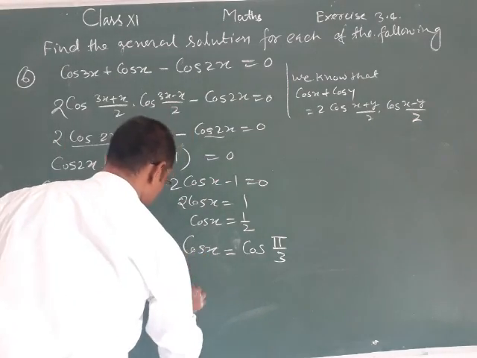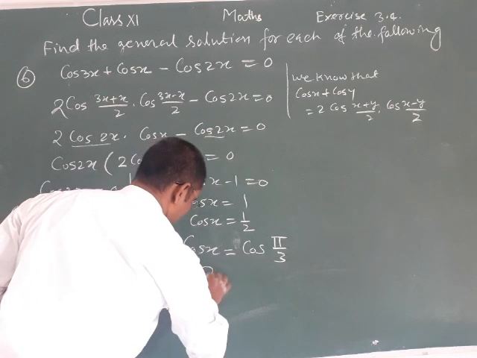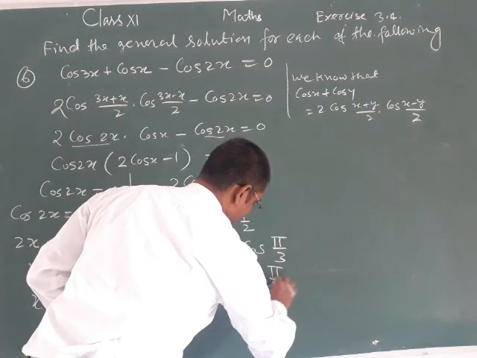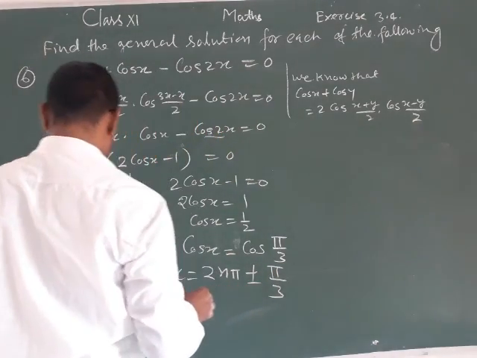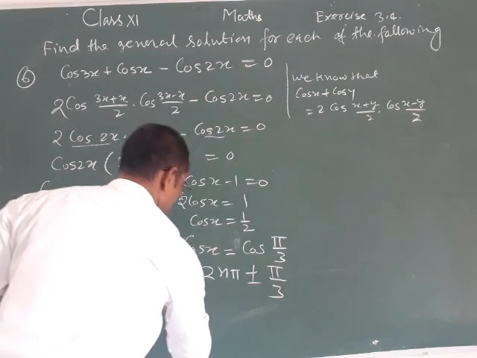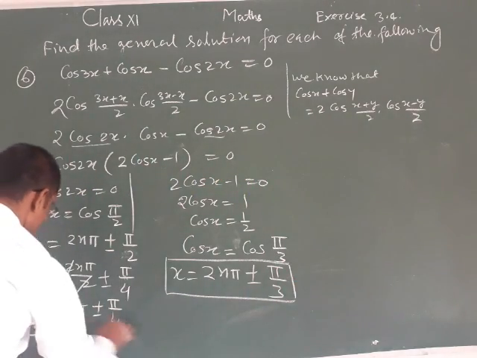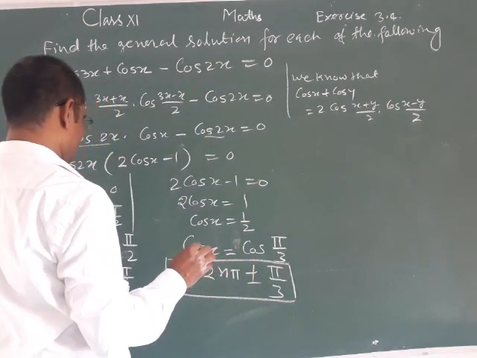The general solution of cos x is 2n pi plus minus pi by 3. So this is also an answer.